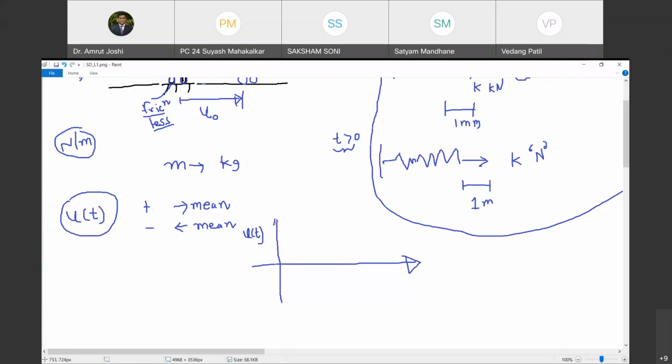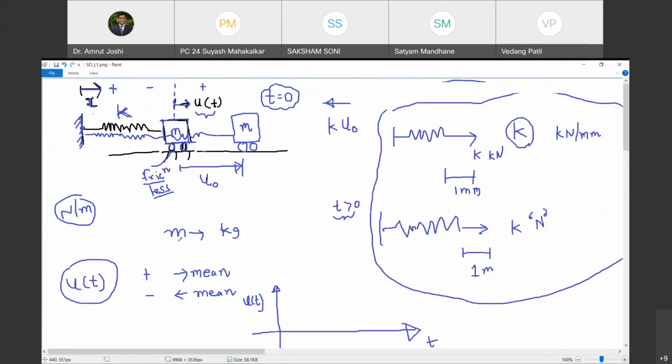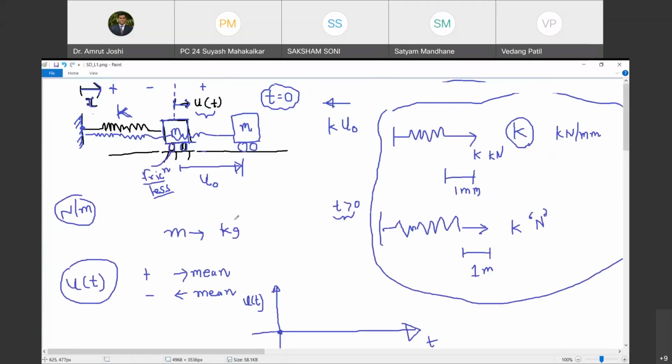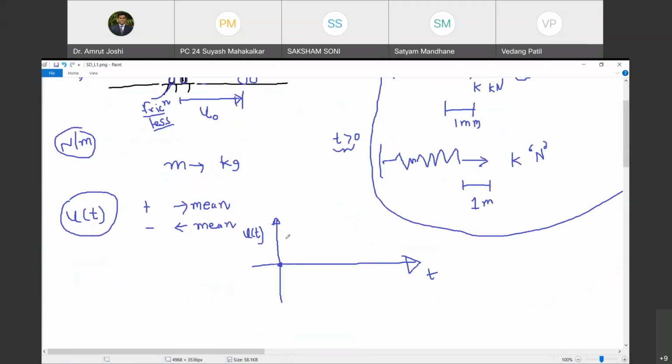Okay, so how does this u of t look? Chalo, let us try to sketch it. At time t equal to 0, the block has already occupied the position u0. So it will start from plus u0.